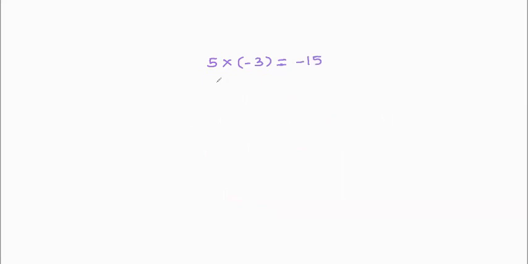Now let's do 4 into minus 3. In this case, again, the multiplication of weights is 12, and plus and minus, different signs, result in minus.